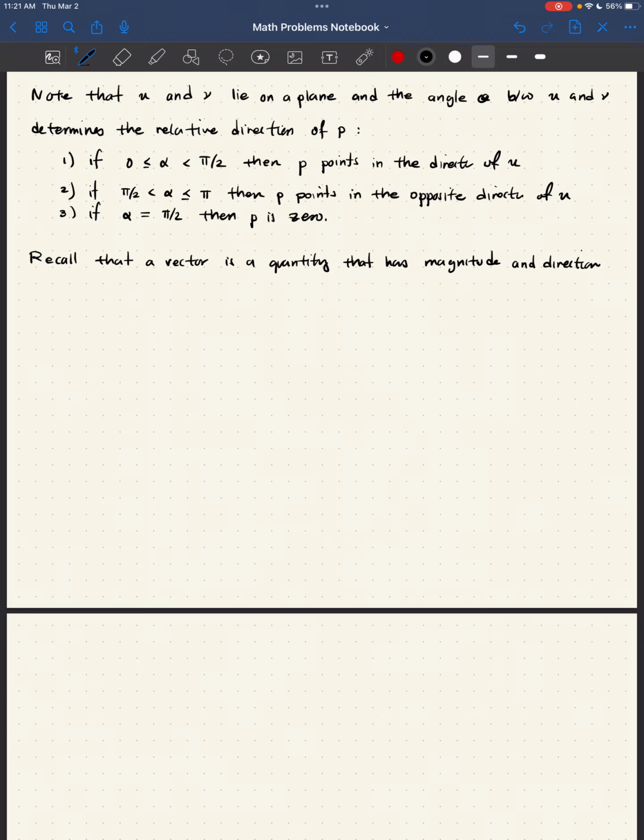Now, how do we identify these components of a vector algebraically? Well, imagine this.